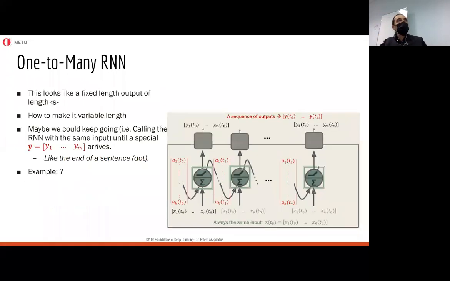Okay. So this is again S+1. You're getting these outputs. So what could be an example for it? Think about an example. I mean, it's written in the slides, but I'm giving you some time to think about it. I think music generation is one.